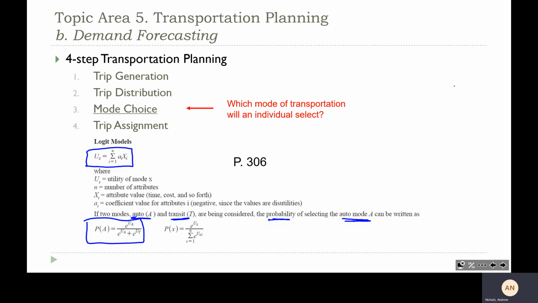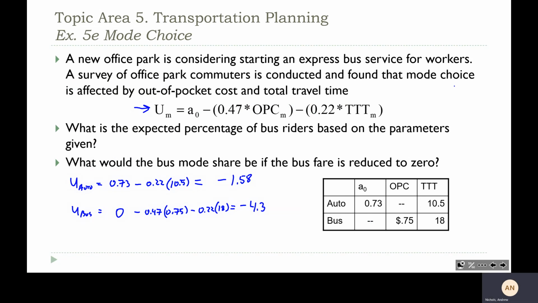So if we use this equation, we want to know what is the expected percentage of bus riders. So we can calculate the probability of bus equal to e to the negative 4.3, which is the utility for the bus, divided by the sum of all the utilities. So this would be e to the negative 1.58 plus e to the negative 4.3. So we're just calculating a ratio here.